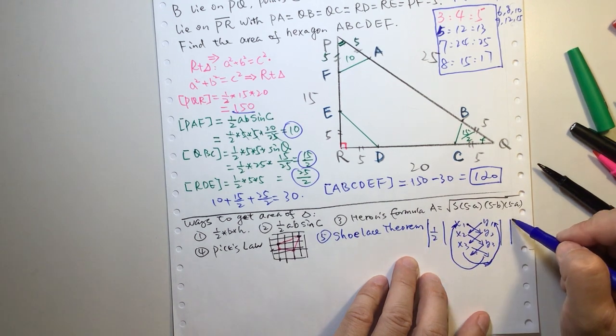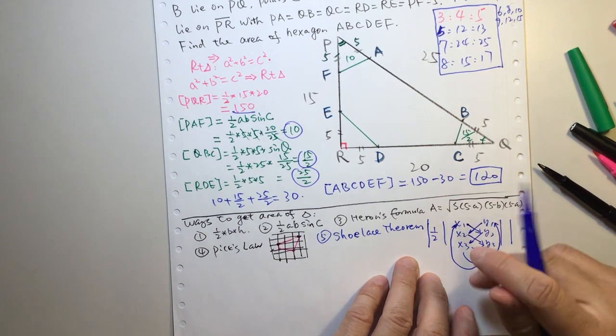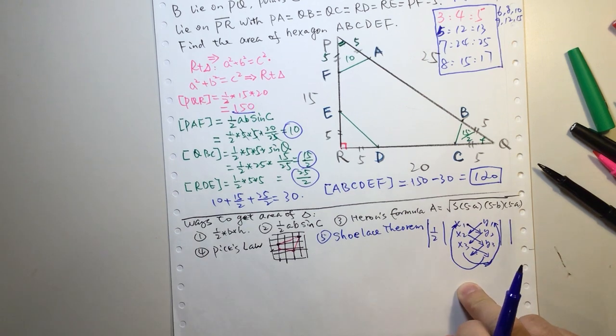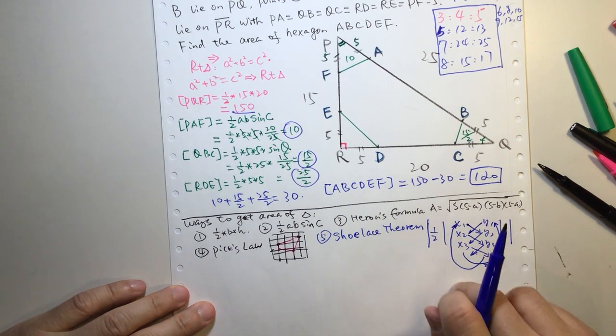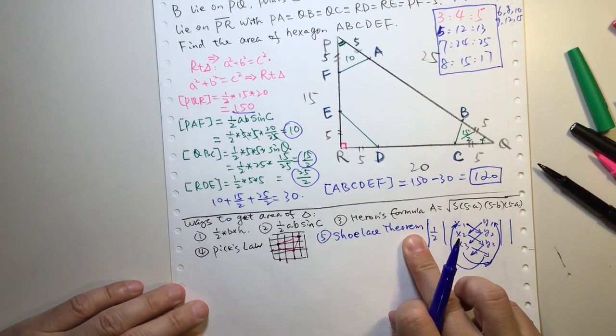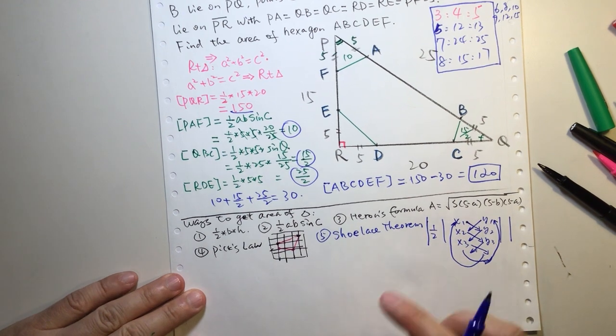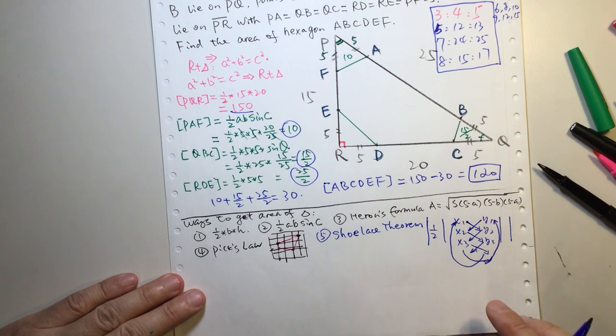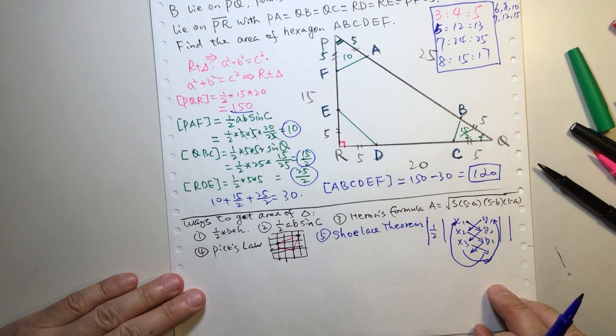Finally, you take the absolute value. That's the area of the polygon. This we call the shoelace theorem. If you're not familiar, you can check on a website or take the textbook to find this one.